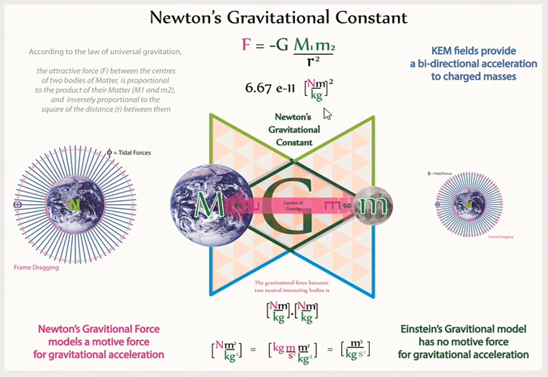Again, highlighting Newton's gravitational constant and the geometry between two objects of mass matter and the gravitational field that they create, with the acceleration due to gravity being reflected by the energy momenta in those fields.